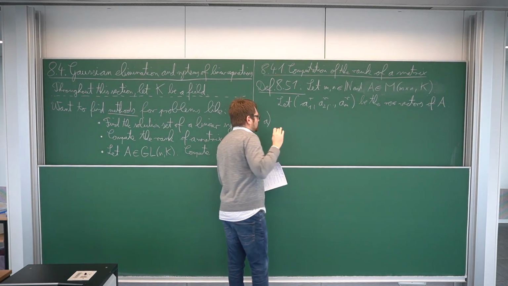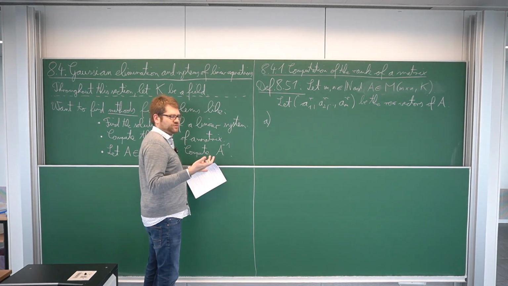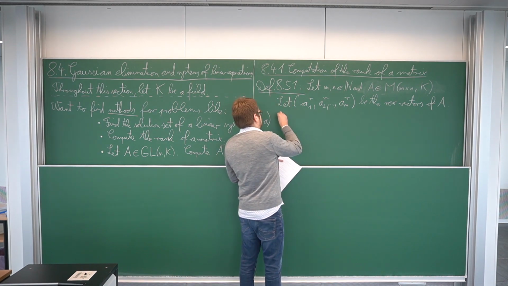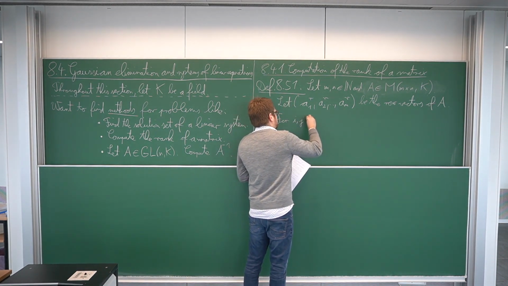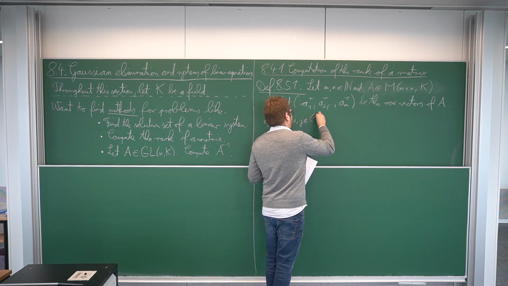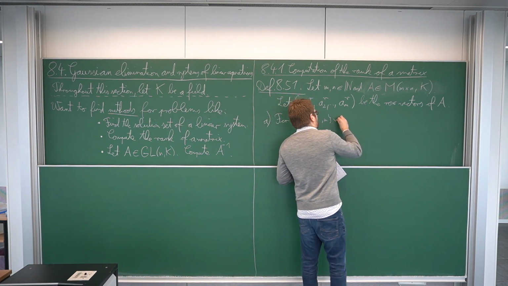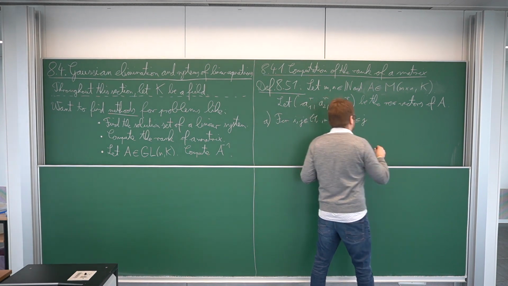We want to introduce 3 different types of operations which are performed on matrices and which are given in terms of these row vectors. So the first one, we take i and j between 1 and m, so 2 row numbers with i smaller than or equal to j.